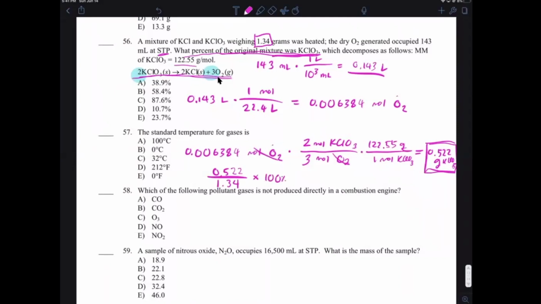And then we get around 38.9%. So I think our answer for 56 should be A. So hopefully that one makes sense now. Are there any other questions? Or if there's anything confusing, then you can just stop me and let me know.